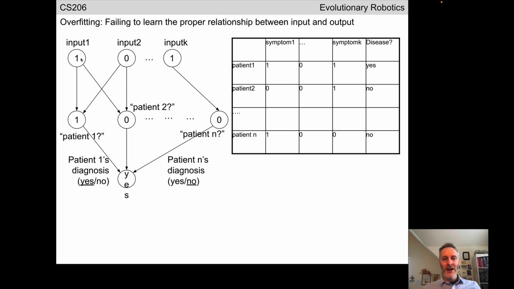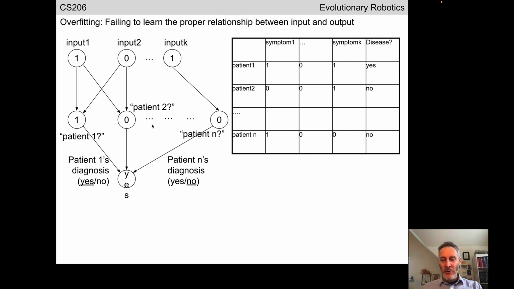The second hidden neuron, the weights of the synapses arriving at that second hidden neuron are set so that the second hidden neuron only lights up when the subset of symptoms for patient 2 arrive at the input layer, and so on. So we basically have n hidden neurons that are being trained to recognize whether it's patient 1, 2, 3, 4, 5, 6, 7, 8, 9, 10, or n patients. It recognizes each of the patients. It then memorizes whether or not that patient had the disease or not.